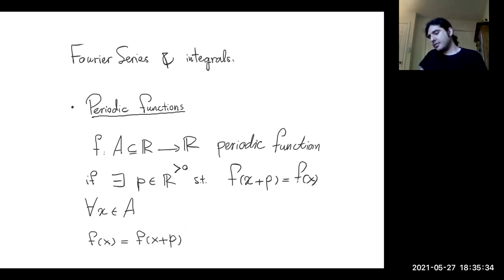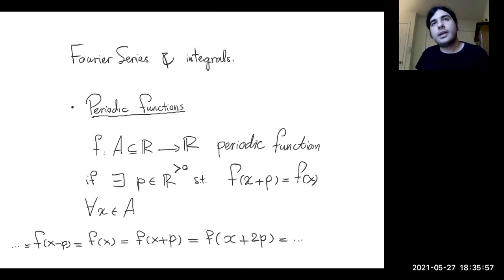Whenever f of x is equal to f of x plus p, because this is correct for any x, x plus p itself can be the input. So this is supposed to be equal to f of x plus 2p, etc. Also, it is equal to f of x minus p. So in some sense, the domain of periodic functions goes to plus and minus infinity.